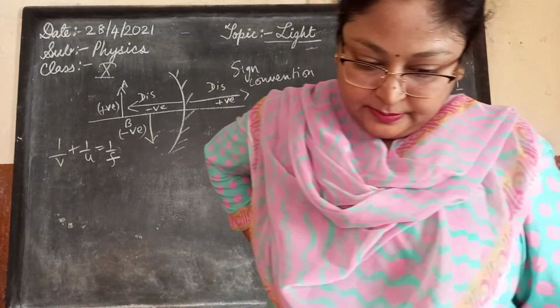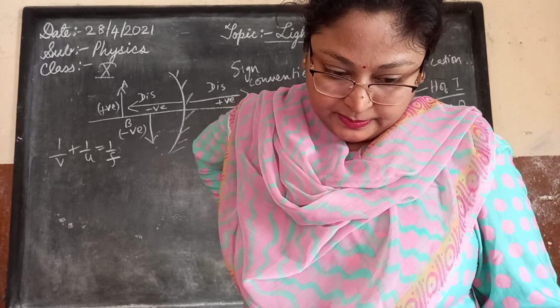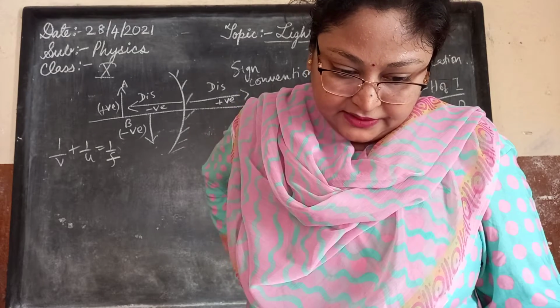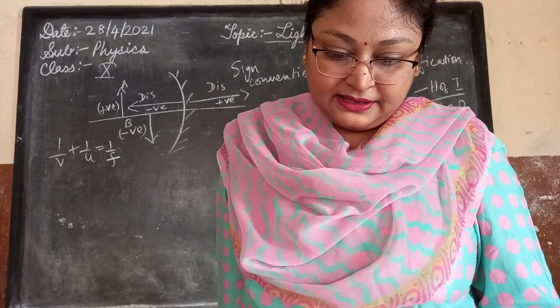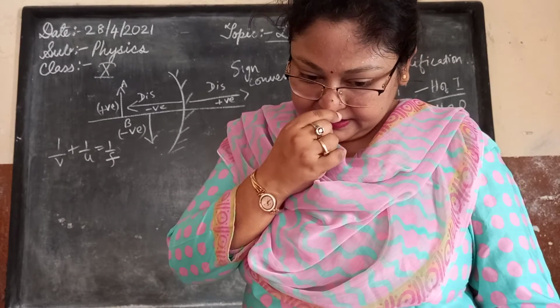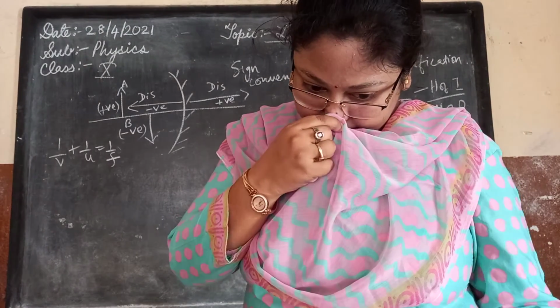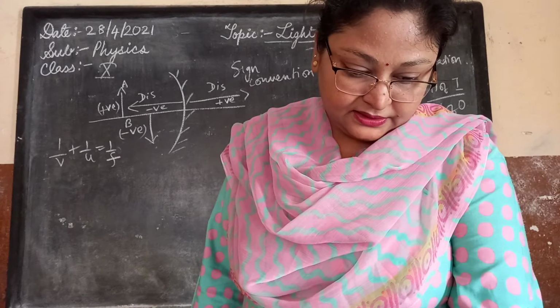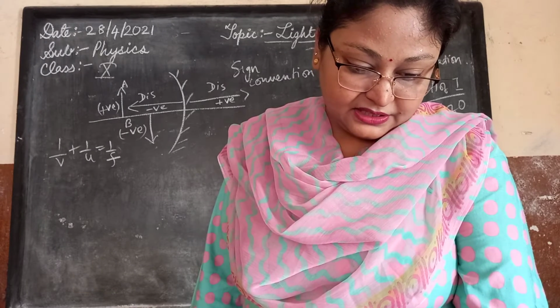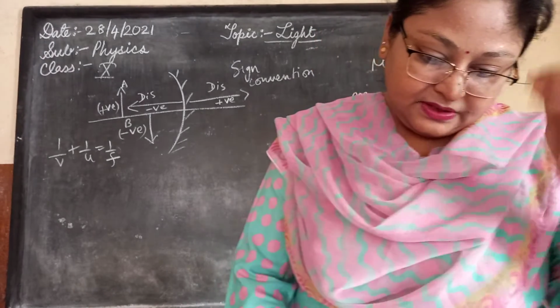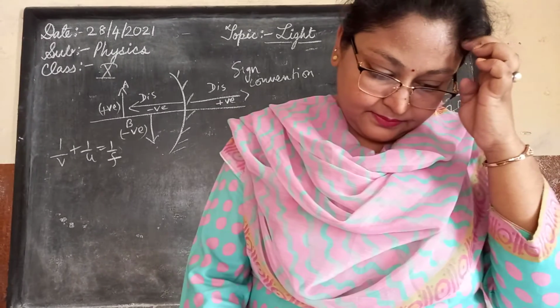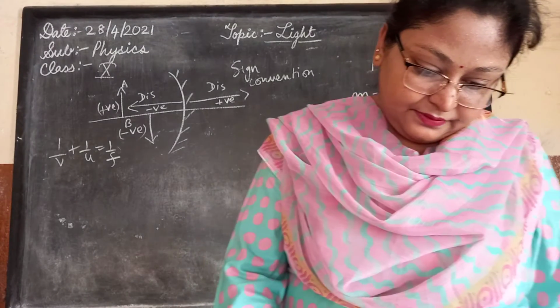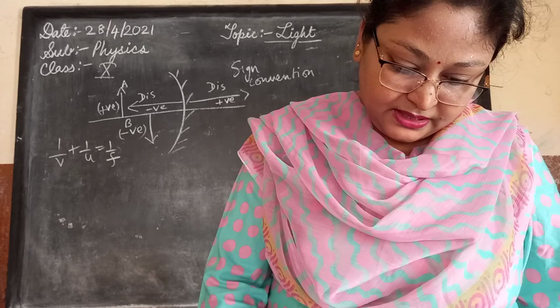A concave mirror produces a 3 times enlarged image, but not if the object is placed at infinity; at infinity we get a diminished image.